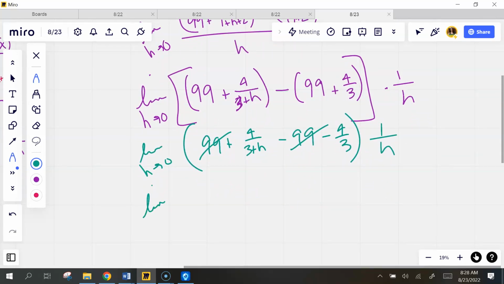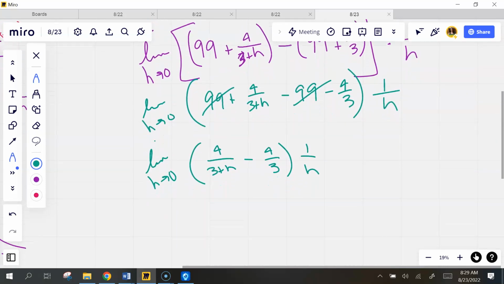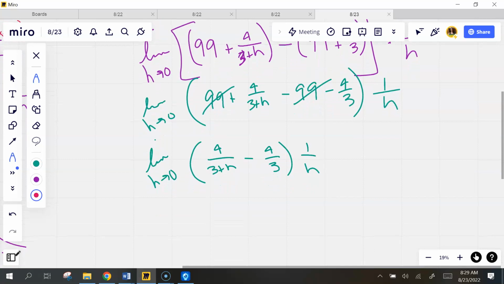And now I have the limit as h goes to 0 of 4 over 3 plus h minus 4 over 3. I need a common denominator again. I'll give this one a 3. I'll give this one a 3 plus h.